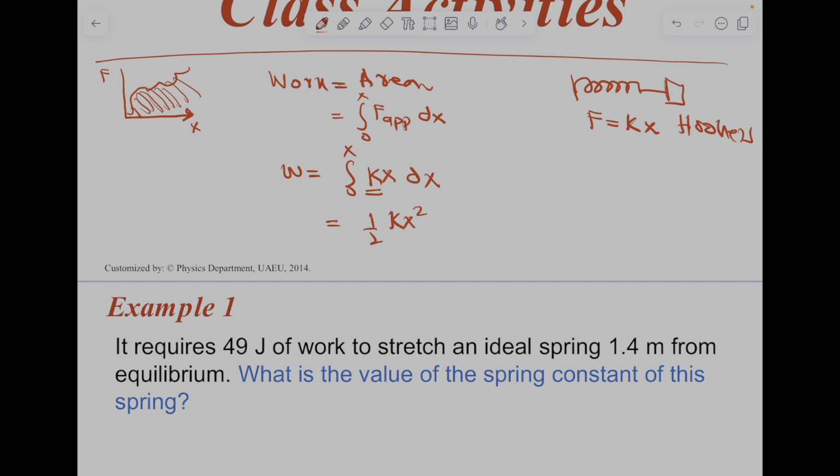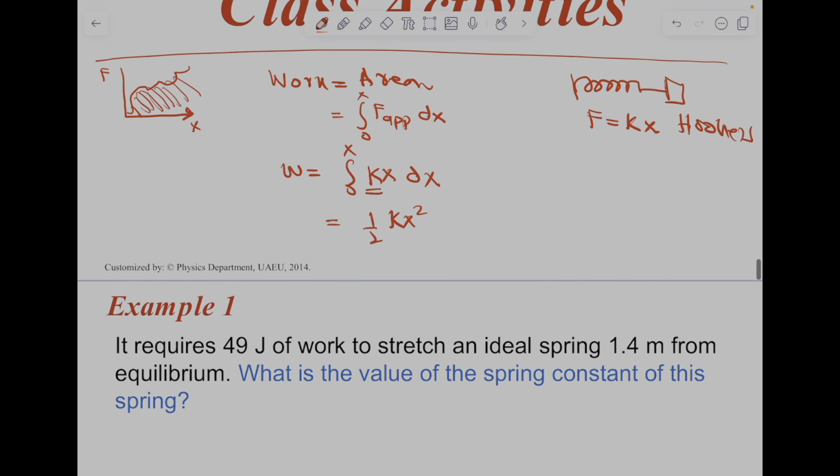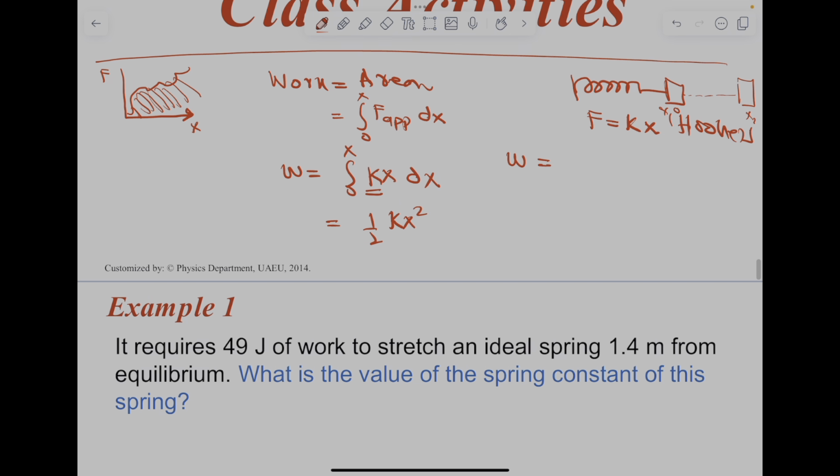The work done in moving the spring from an initial position to a final position is 1/2 kx1 squared minus 1/2 kx2 squared. This is the work done by the spring.